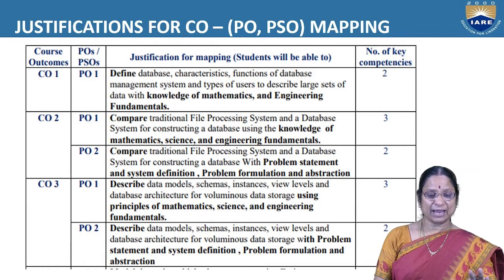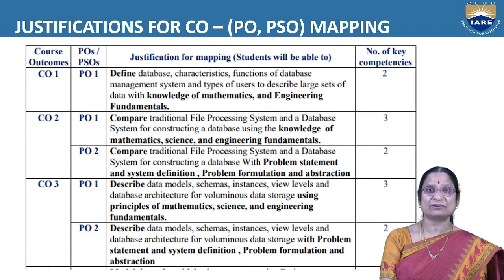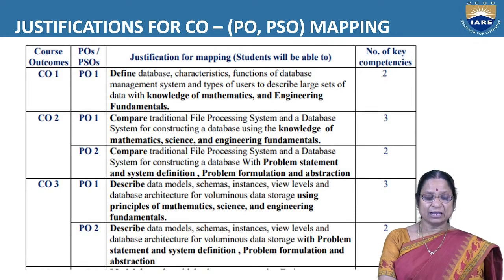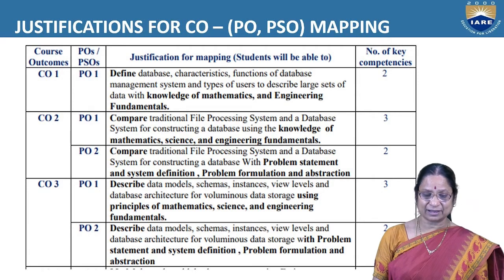Once we have a mapping between CO and PO, based upon the statements of the CO and PO, what are the competence levels, or what types of competence levels, are going to be mapped. Coming to the first one, CO1, PO1: the competence is to define database characteristics, functions, and database management system. It's sets of data.